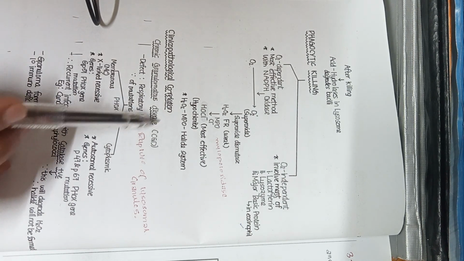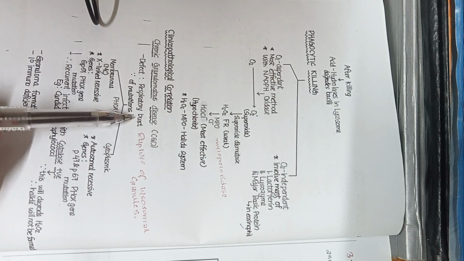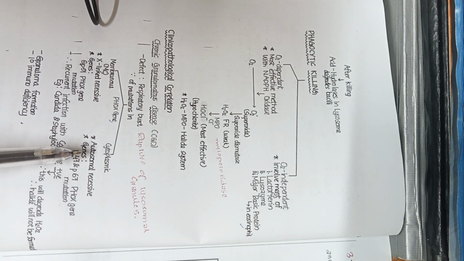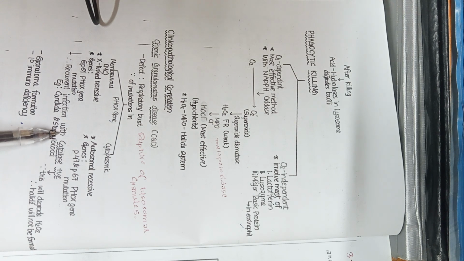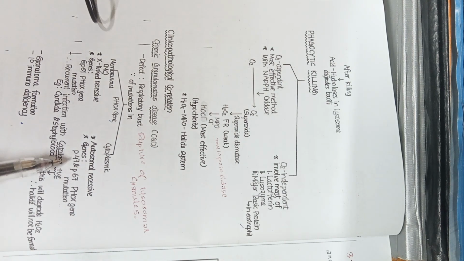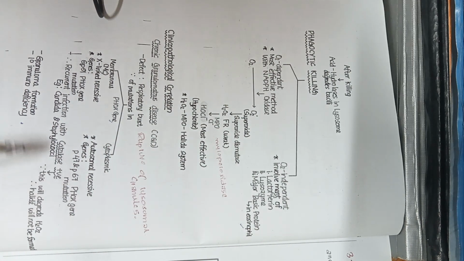So in chronic granulomatous disease, when there is no respiratory burst oxidase, there will be recurrent infection with catalase positive organisms, as the phagocyte is defective. Catalase positive organisms we have covered in the microbiology portion; examples are Candida and Staphylococci.